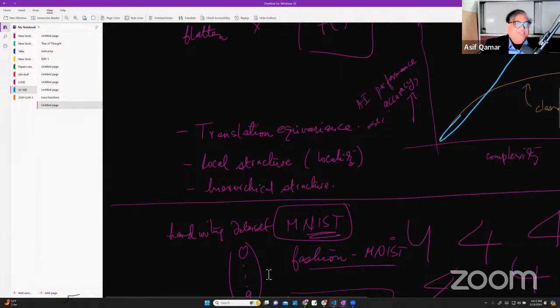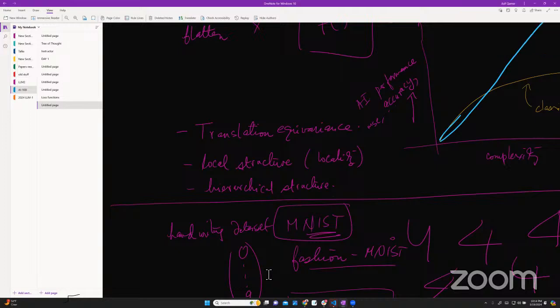So for example, speech, human speech, right? Time series data. The local structure is there. There is hierarchical structure. Any kind of data that reflects these qualities or that benefits from these inductive biases, CNNs do very well. Got it. Thank you.